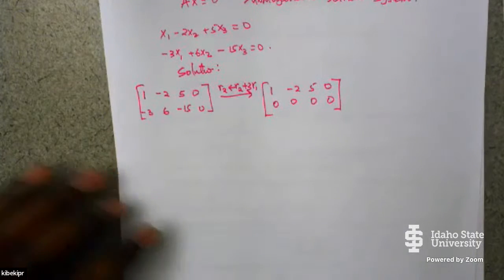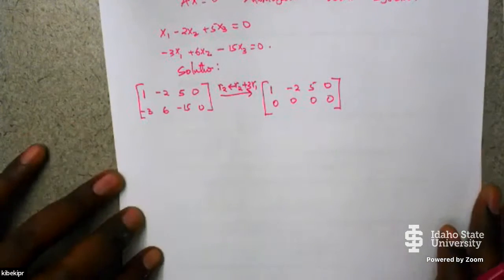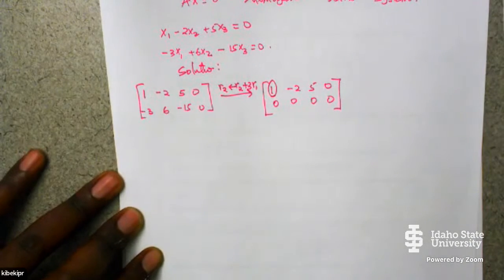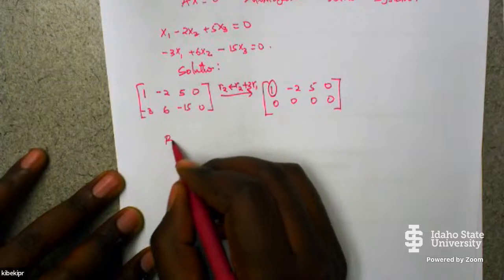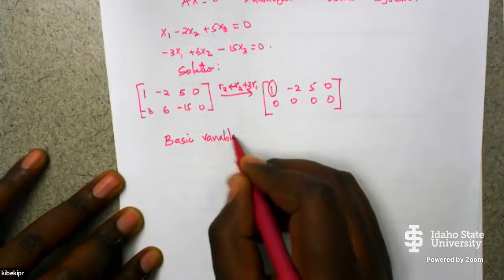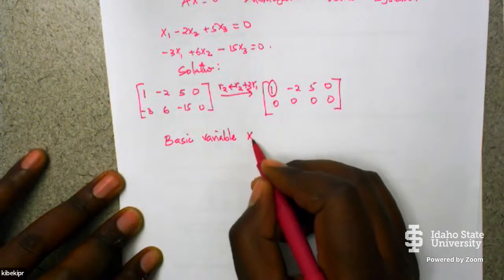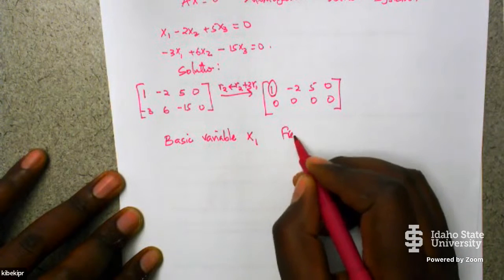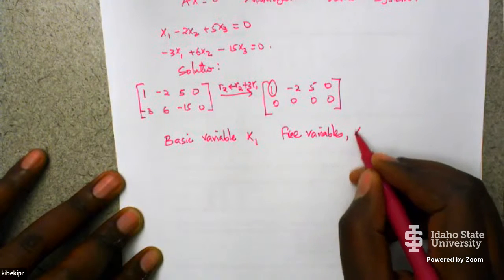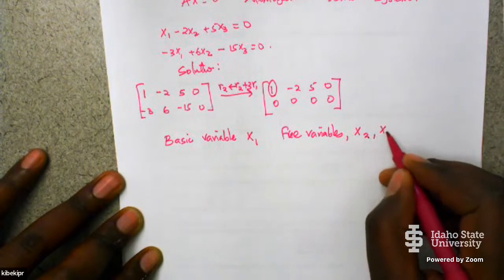Now, here we have our basic variable, which is x1, and our free variables are x2 and x3.